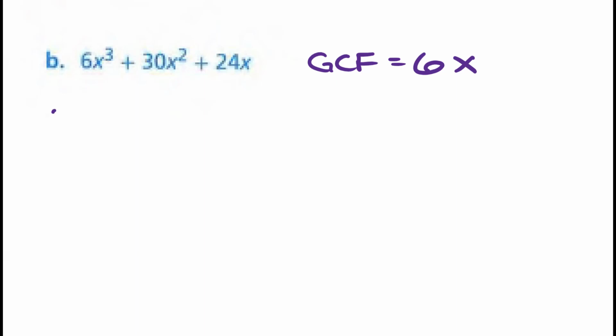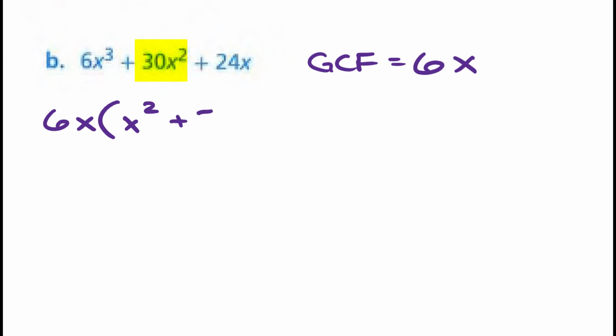So to start my factoring, I'm going to pull out my 6x and then see what's left over. So we'll say 6x times what would give me 6x cubed? Well, that would be x squared. 6x times x squared would give me 6x cubed. And then 6x times what would give me 30x squared?